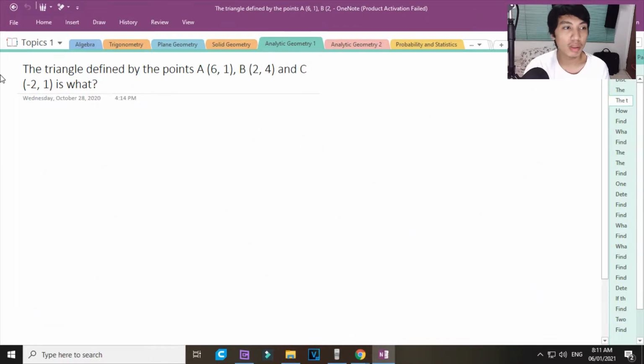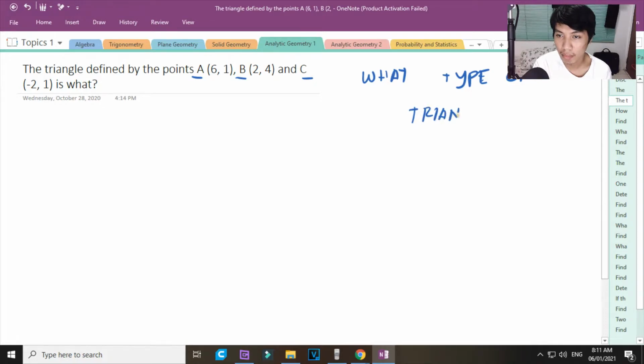Problem number 2. The triangle defined by the points A, B, and C is what? Anong uri daw ng triangle to? What type of triangle? Ang dami natin type ng triangle, di ba? Meron tayong equilateral, scalene, equiangular, pareho lang na equilateral yon. Obtuse, right triangle.